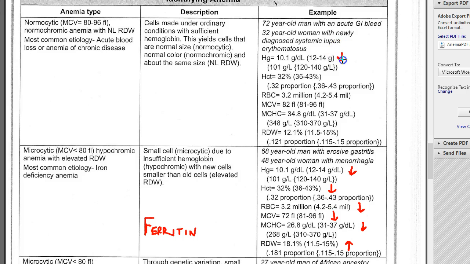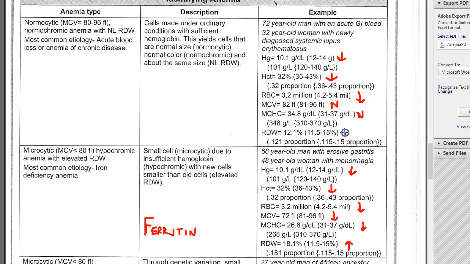Hemoglobin's going to be low, crit's going to be low, your RBCs are also going to be low. MCV in this case is normal. Color is normal as well.